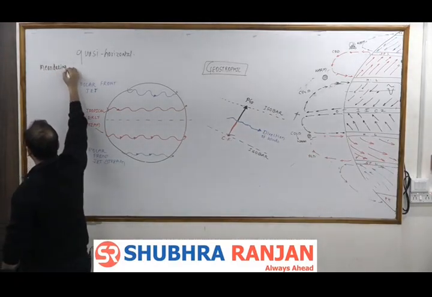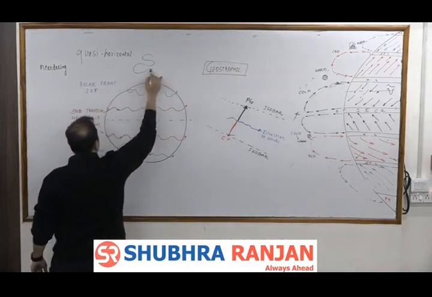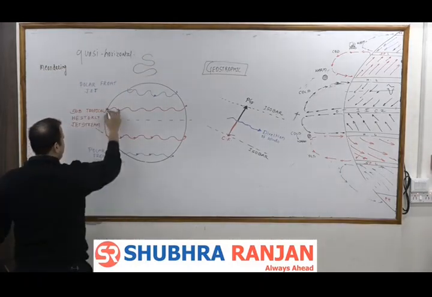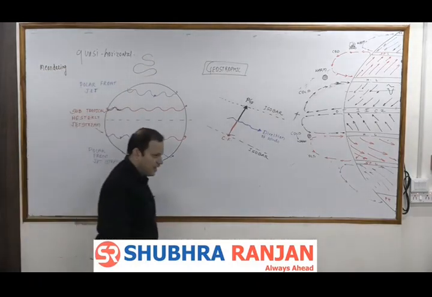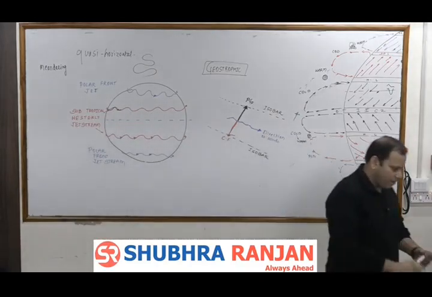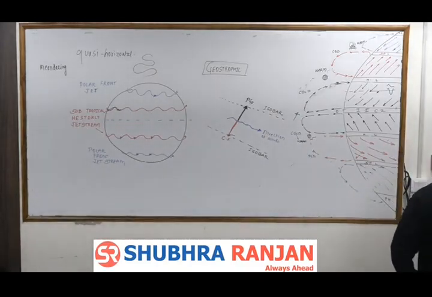You know what is meandering? Sinuous, just like a river, having a meandering path, is known as jet stream.